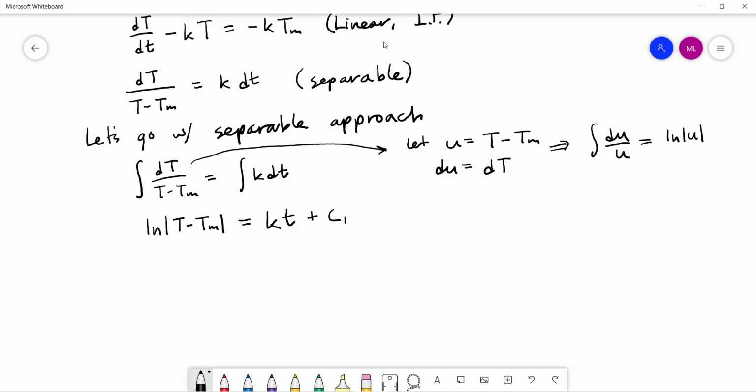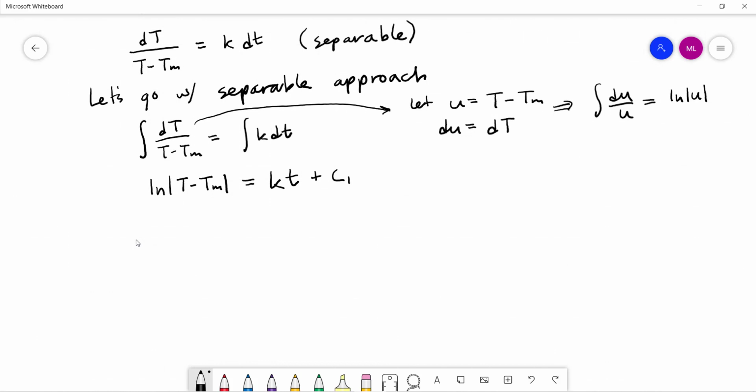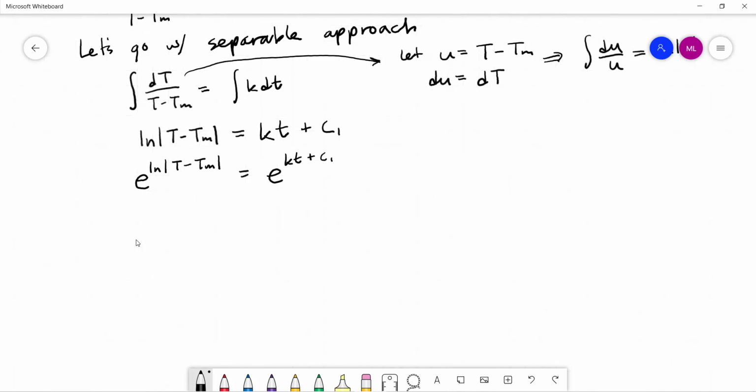Okay, so the next step is, if at all possible, solve for t. The first thing I want to do is unwind this natural log. So how do we undo a natural log? I'm going to exponentiate both sides. And so we'll have e to the natural log of the absolute value of t minus tm on the left-hand side, and I will have e to the kt plus c1 on the right-hand side. On the left-hand side, the e and the natural log will cancel, and I'll just be left with absolute value of t minus tm.